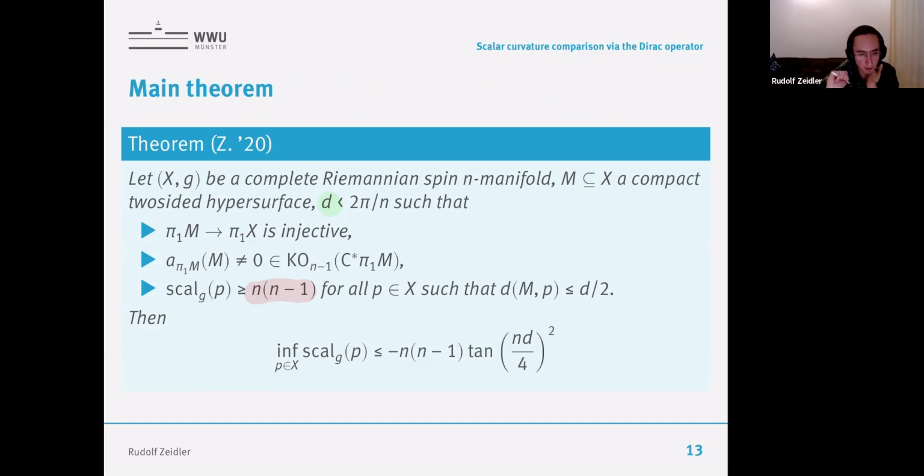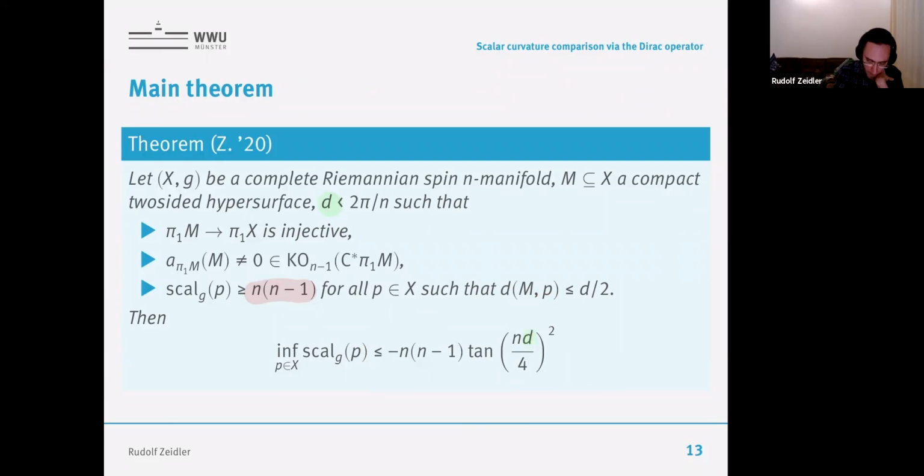And then the statement is that the scalar curvature actually must be negative somewhere else. And I can also precisely tell you how negative it has to be, or at least how negative it has to be. So the infimum of the scalar curvature over the entire manifold X is bounded above by this function here, which is negative, and where the constant d that we chose appears.